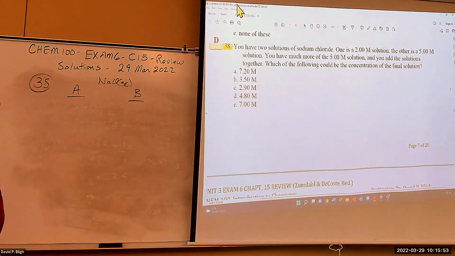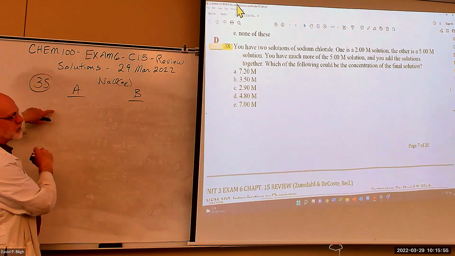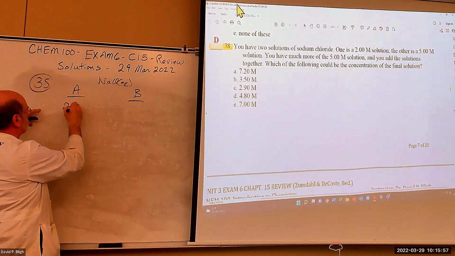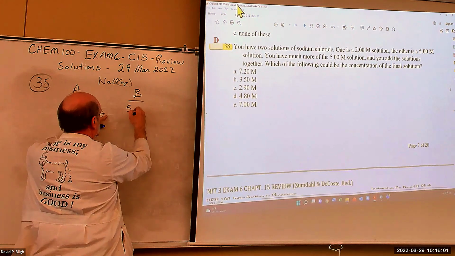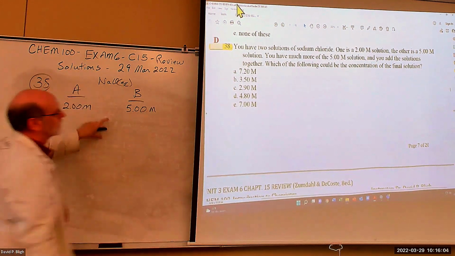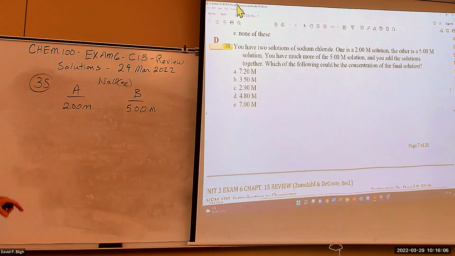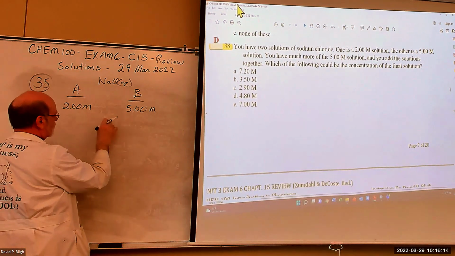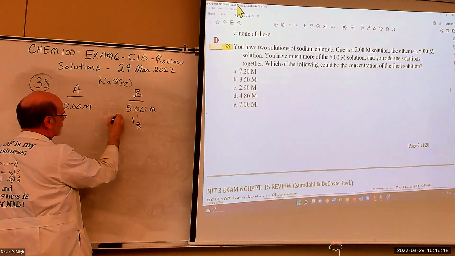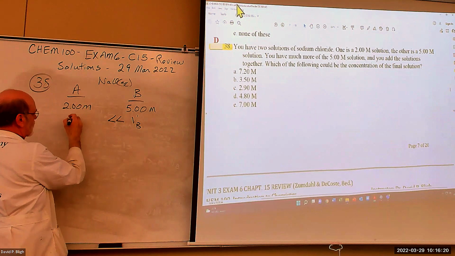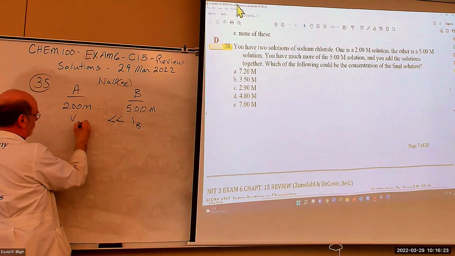One is a 2 molar solution, and the other is 5 molar. You have much more of the 5 molar. You have much more volume. So the volume of B is much greater than the volume of A.